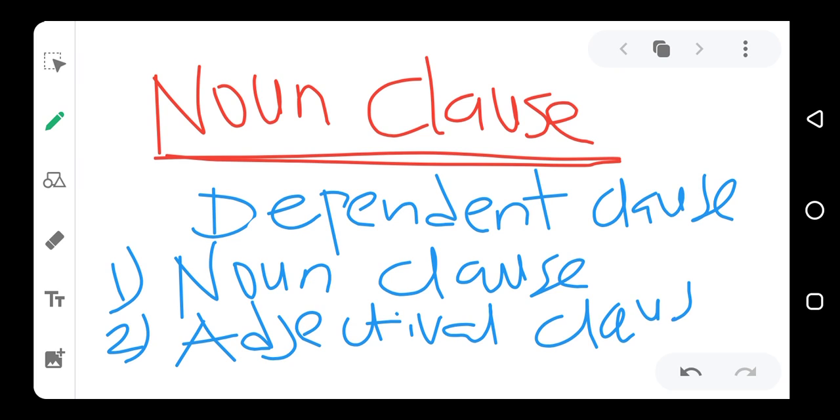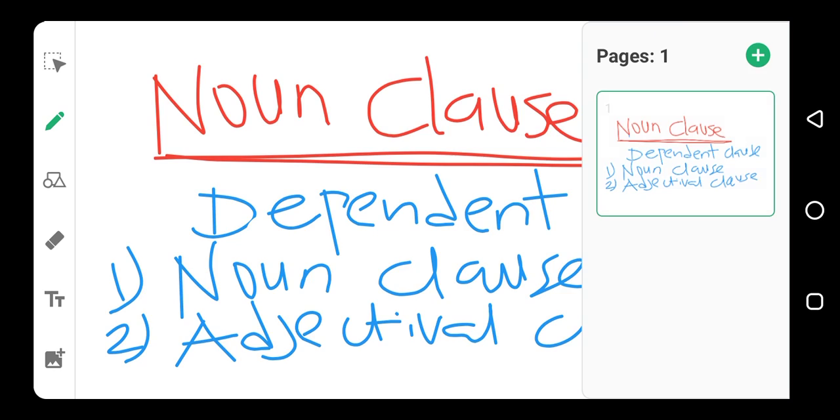And we have another one we call adverbial dependent clause, or what we simply call adverbial clause. Number 3, adverbial clause.